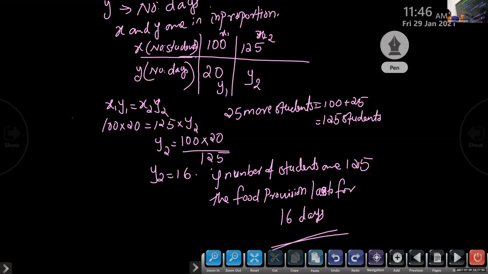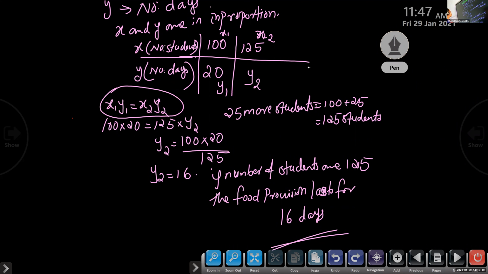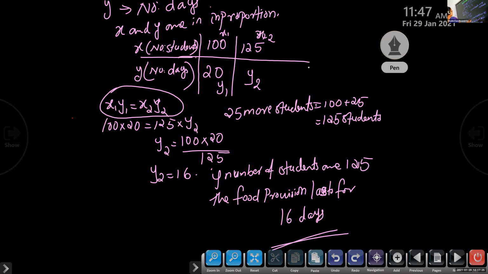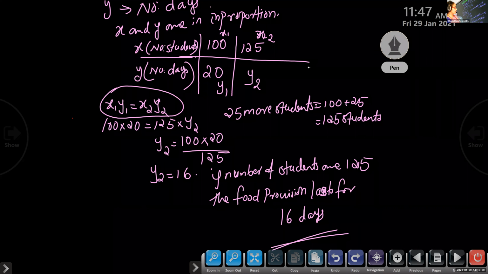X1 Y1 equal to X2 Y2. X1 is 100, Y1 is 20. 100 into 20 equal to X2, 125, into Y2. Then Y2 will be 100 into 20 divided by 125. Clear, Mithun? Yes, ma'am.